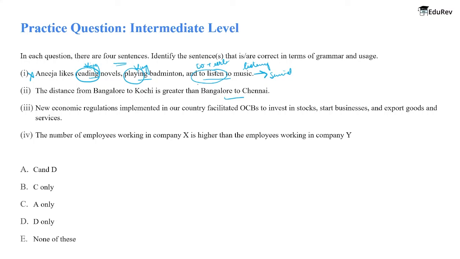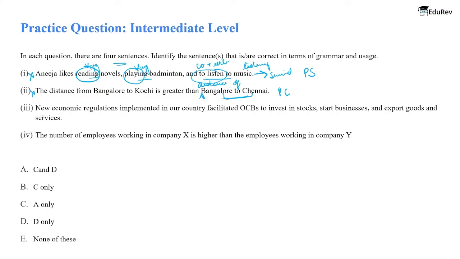So you have to mention here also that the distance from Bangalore to Kochi is greater than the distance of Bangalore to Chennai. This just means that Bangalore is greater to Chennai, but it is the distance that is greater. So this statement is also incorrect. Here we talked about parallel comparisons. Before, we were talking about parallel structures, and here we are talking about parallel comparisons.